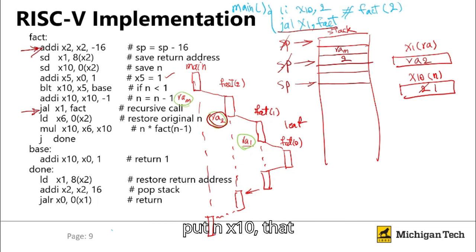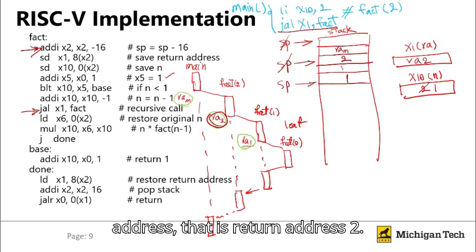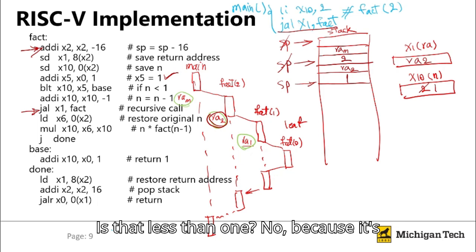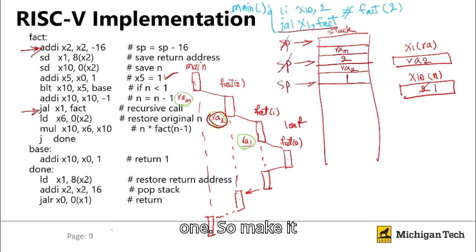It puts n, x10, that is 1, here, and the return address, that is return address 2. Okay, perfect. We go here, we put x5 1 again. Is that less than 1? No, because it's 1. So we decrease it, so it becomes 0. Then we call factorial again, but this time n is 0.